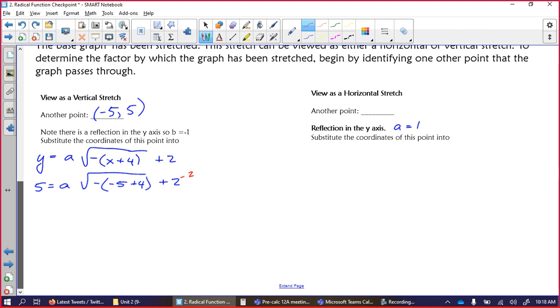Minus 2, minus 2, because I don't want that there. 3 equals a, the square root of negative 5 plus 4, which is negative 1. 3 equals a, well, negative of negative 1 is 1. The square root of 1 is 1, so 3 equals a.